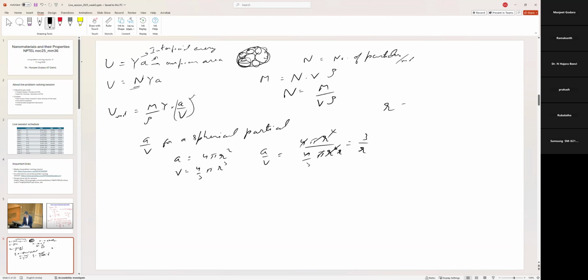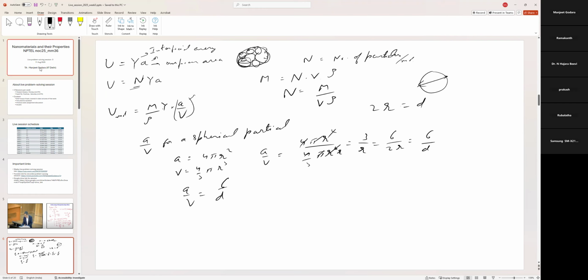Radius times 2 is the diameter, so multiplying both numerator and denominator by 2, we get 6 over 2r, which is 6 over d, where d is the diameter of the spherical particle. So for a spherical particle, A over V is equal to 6 over d.